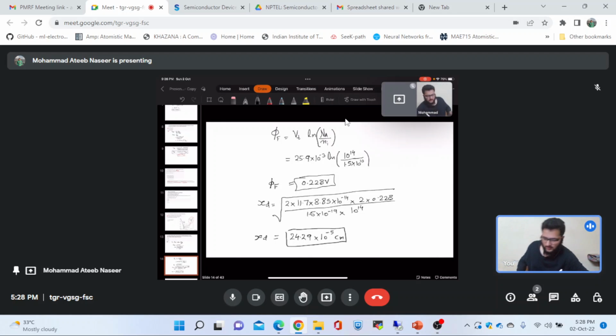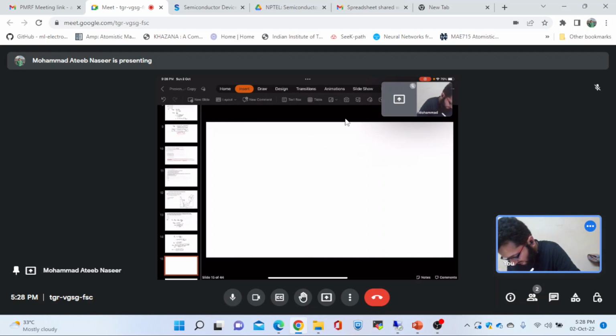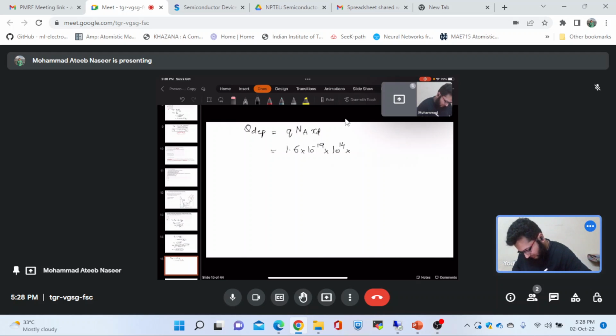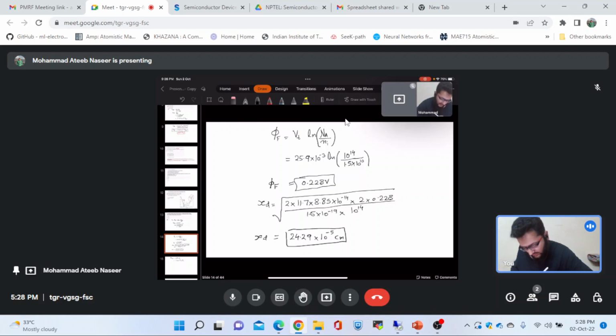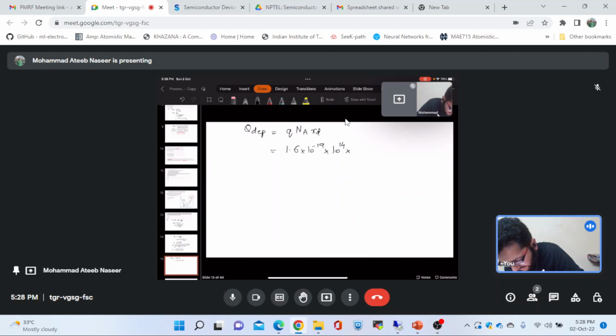Now we can calculate the depletion charge. So this depletion charge Q dep will simply be equal to Q Na xt. This is equal to 1.6 into 10 raised to power minus 19, Na is 10 to the power of 14, xt we found out to be equal to 24.29 into 10 raised to power minus 5.